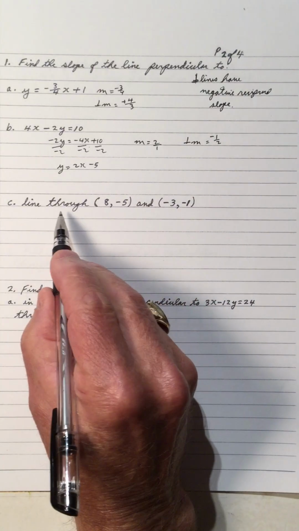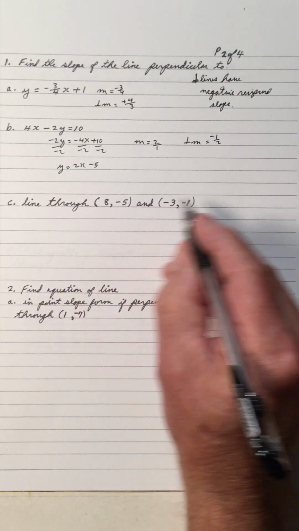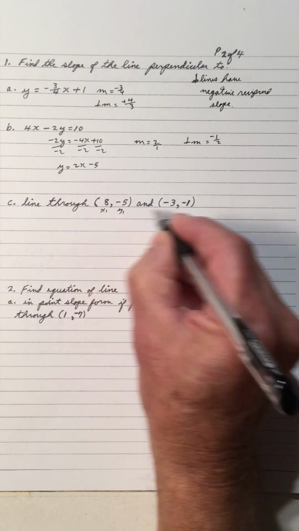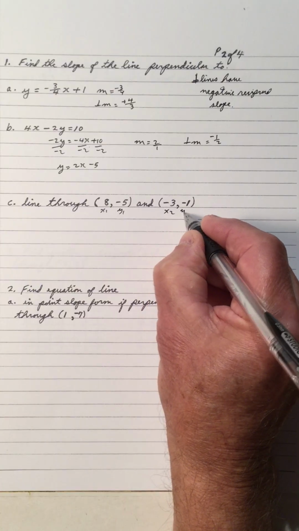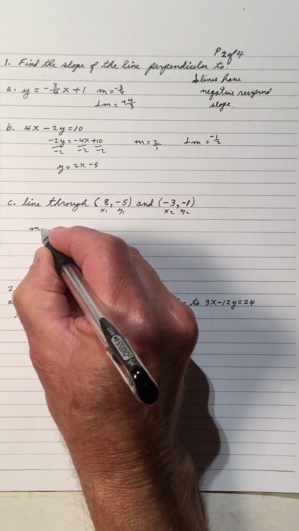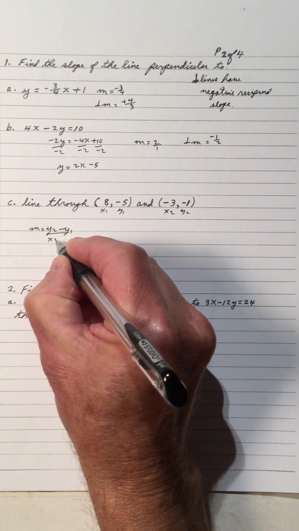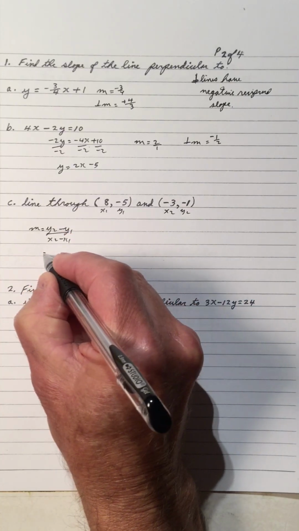Now here, the line through these 2 points, so we have to find the slope of this line and get its negative reciprocal. So this is x1, y1, x2, y2. The slope formula is y2 minus y1 over x2 minus x1.